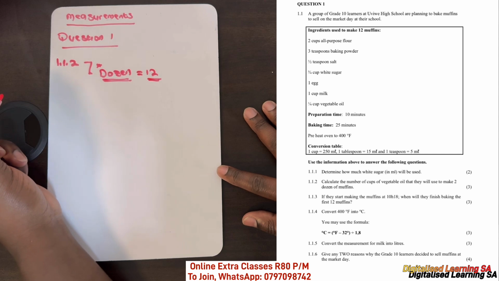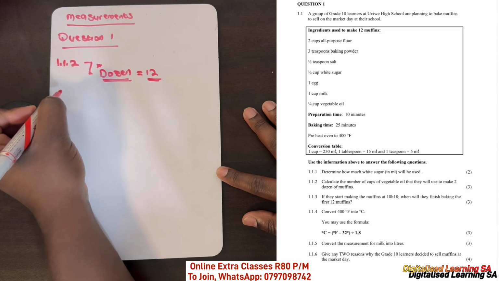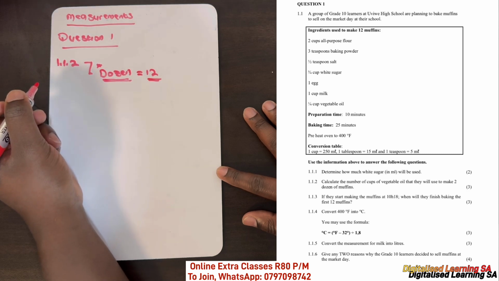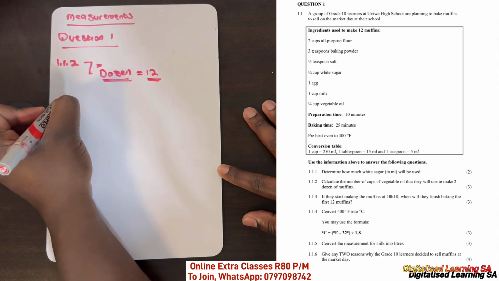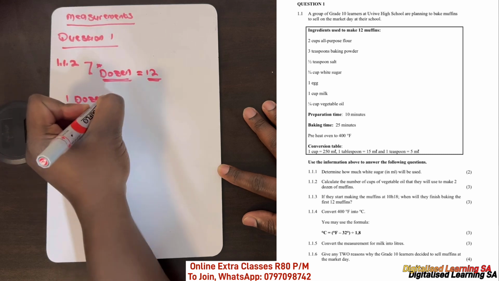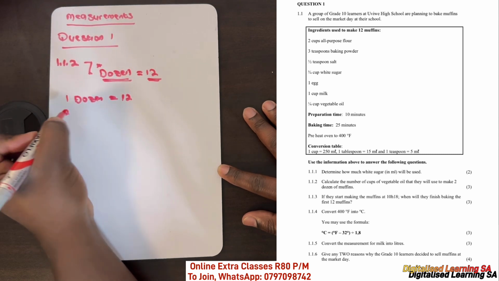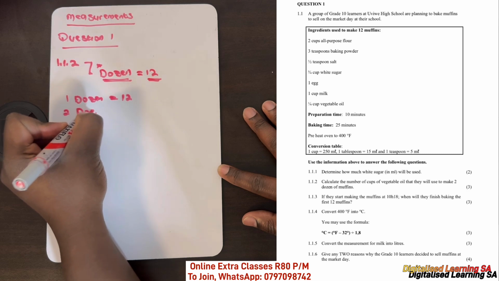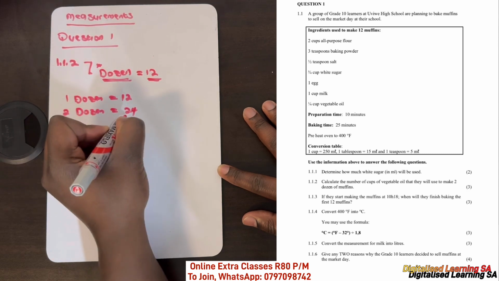In this case, we are told to calculate the number of cups of vegetable oil that they will use to make 2 dozen muffins. So 1 dozen is equal to 12, and 2 dozen is equal to 24.